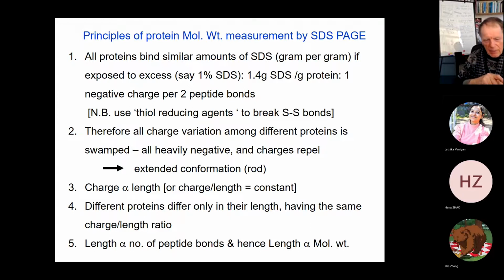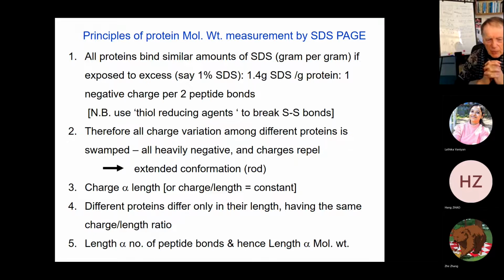So you confer on the protein a more or less uniform negative charge per unit length across the protein. And because the molecule is very heavily negative, negative charges repel, and so the previously globular conformation is denatured, and then the proteins adopt an extended conformation, a sort of flexible rod type of conformation.